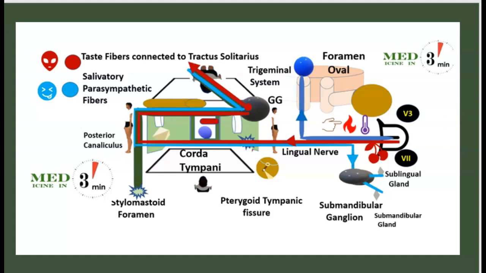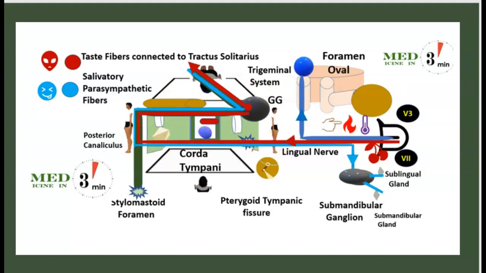In the posterior wall, there is an opening called the posterior canaliculus. In the anterior wall, the anterior canaliculus. Taste fibers connecting to the tractus solitarius jump from the posterior to the anterior wall. There are taste fibers coming from the anterior to the posterior wall. Along with that, the salivary fibers also escape.